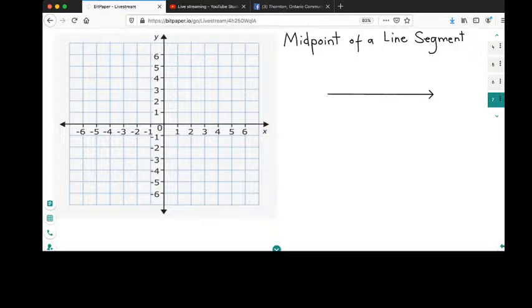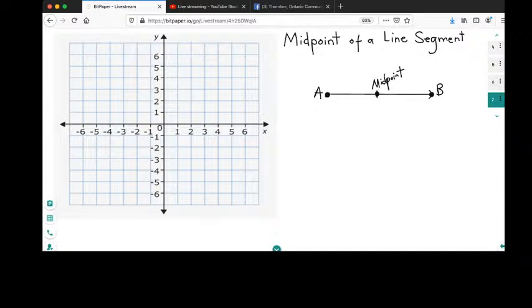So say I have this and I'm calling this point A and this point B. And let's pretend I found out exactly the middle. This is not going to be exactly the middle, but let's just pretend, you guys. So that's the midpoint.